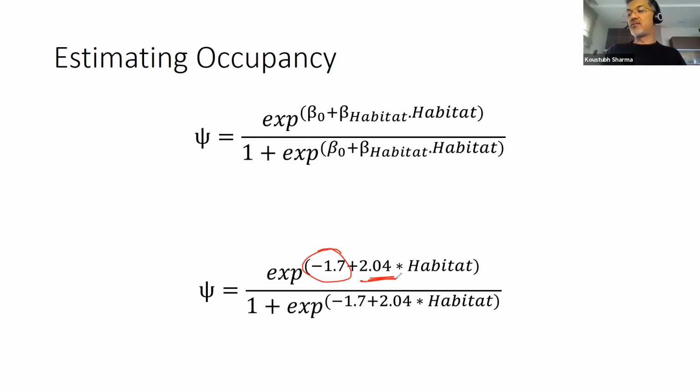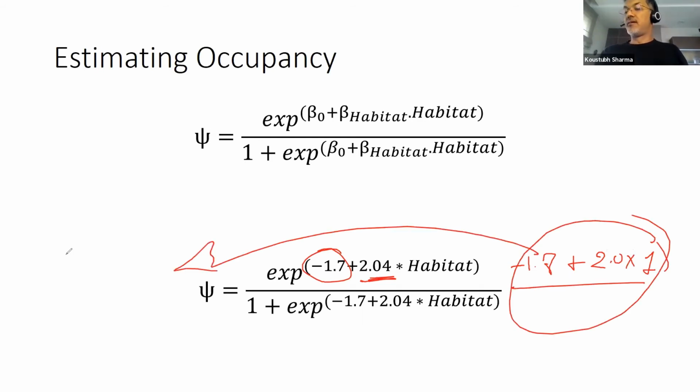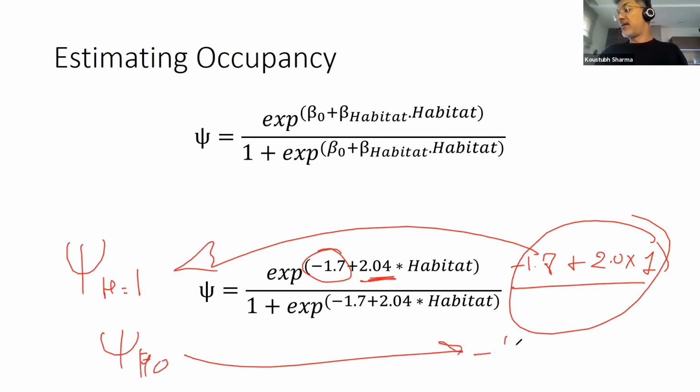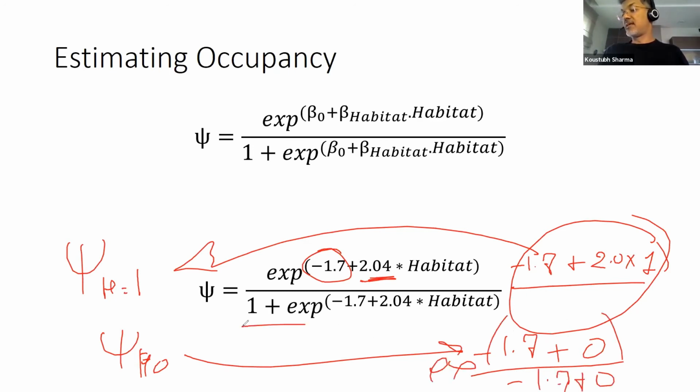And that's what you get from these values, because if I put minus 1.7 plus 2.0 multiplied by habitat 1, then whatever value I'll get, this will be the situation for psi when habitat is equal to 1, and psi with habitat equal to 0 will be minus 1.7 plus 0, all of this on exponential scale, same equation.